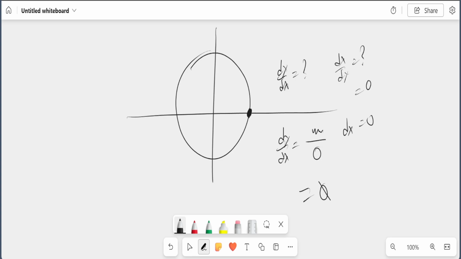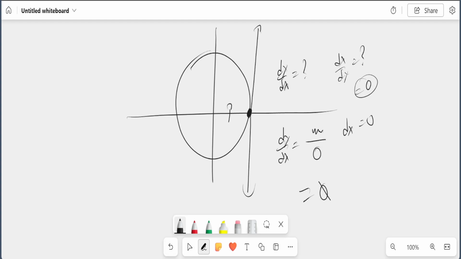And you can look at this in a more conceptual way. This is more of a rigid proof way, but you can also look at it like, if we move our y value by a certain fixed amount, our x value isn't really changing, right? It isn't changing at all. And you can look at this on a tangent line. No matter how much you move up in y, our x is not changing.